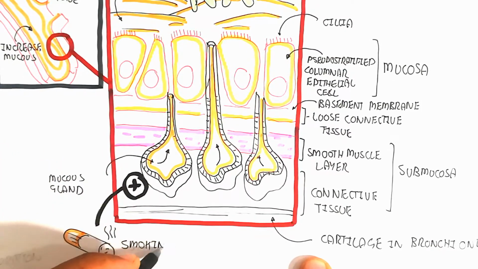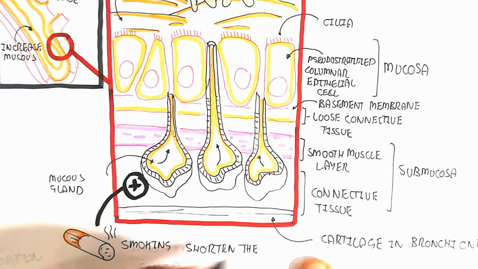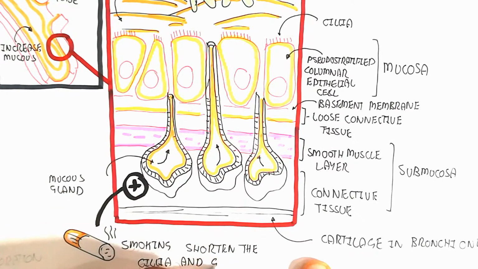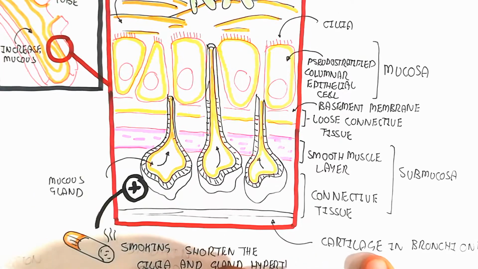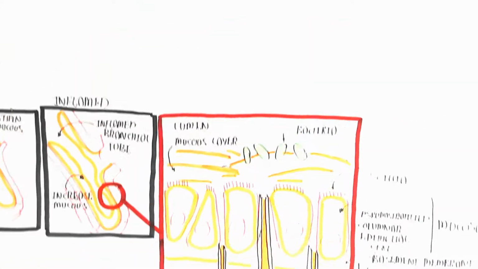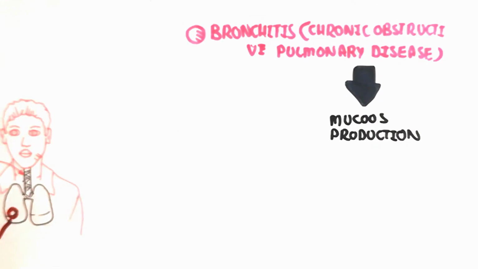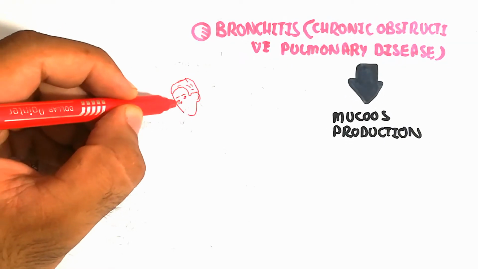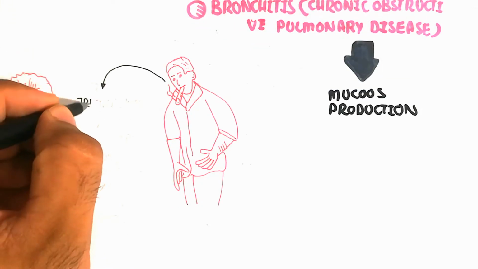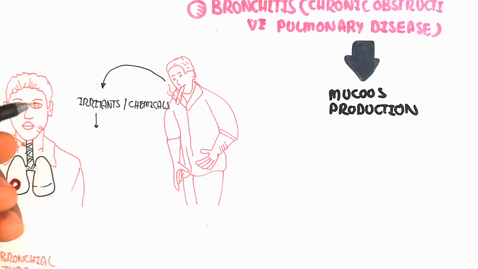The shortened cilia are unable to clear the mucus, and the mucus fills the respiratory tract, irritates it, and causes bronchitis.